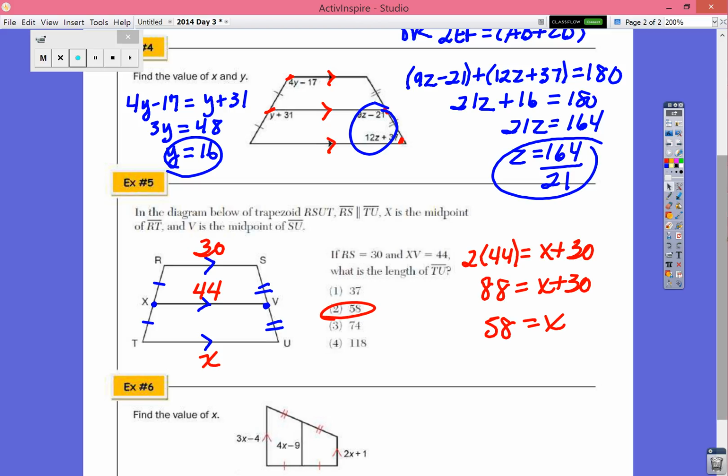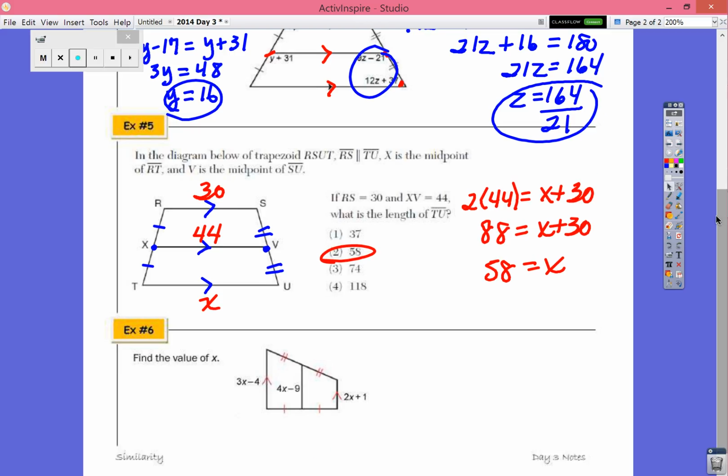Last one. This time we're going to find the value of x. Again, same thing, given the mid-segment of a trapezoid, because I'm given the two segments of each of the legs, the non-parallel sides, that make up those legs are congruent, so therefore that's a midpoint. And this is a midpoint.